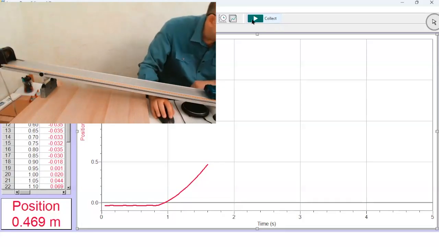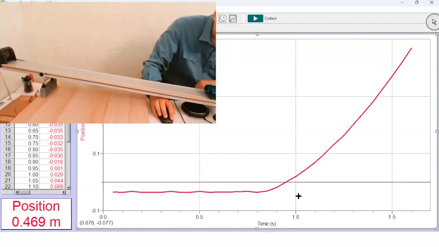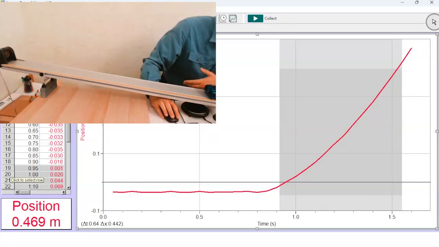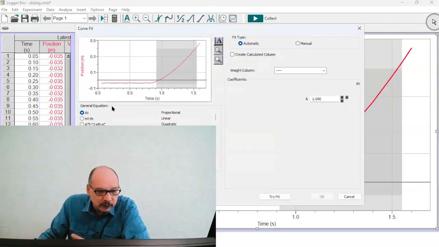Okay, very good graph. At first it was not moving, resting. This portion of the graph represents the motion. You can see that this line is actually a parabola. That means this is motion with constant acceleration. If I use a built-in feature of this software, I can try different fits.